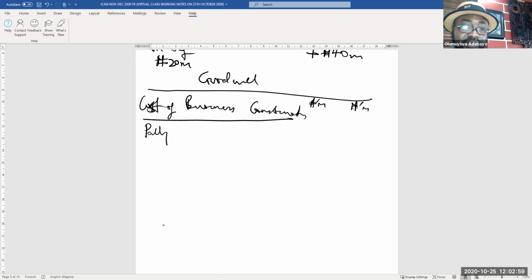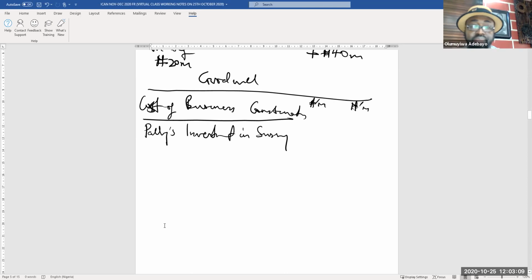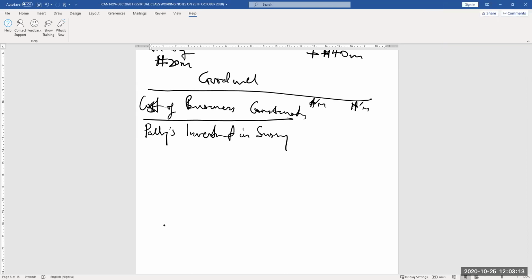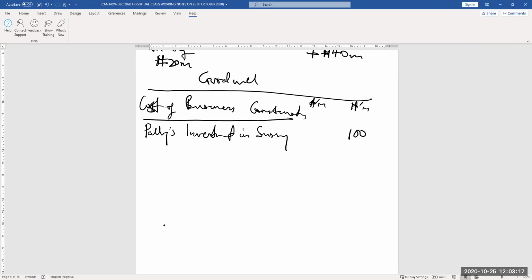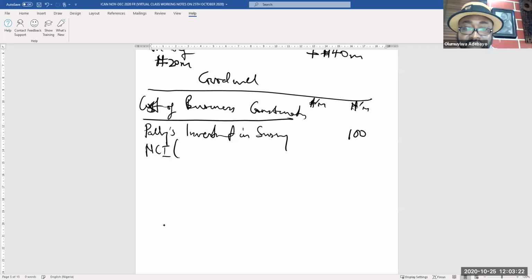Pali's investment in Suzy. How much is it? It's 80 million. We are making 80% and 80 the same thing. Thank you. NCI, we have to measure it.